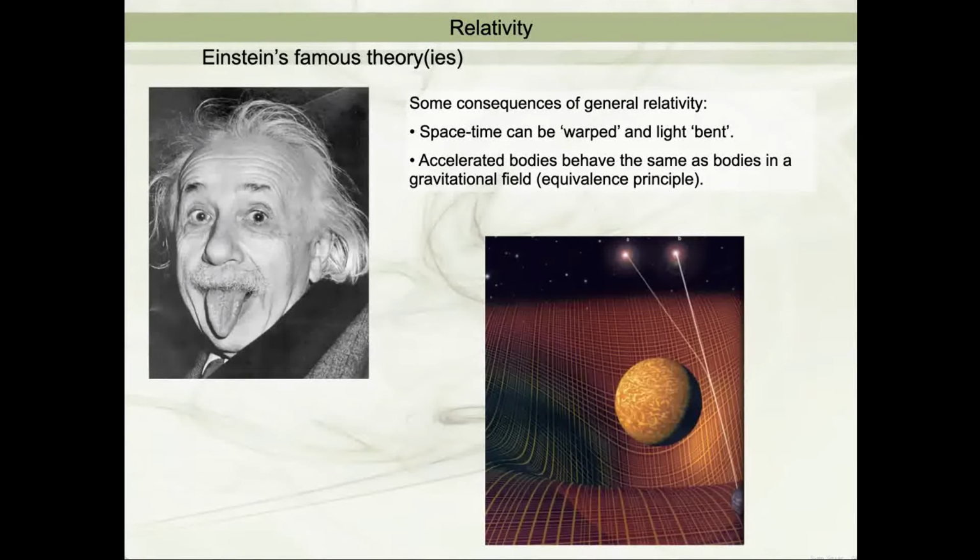So orbits are nothing else than motion in a straight line, but on a curved surface. And basically they follow that curve that is closed. And so they go around and around and around.